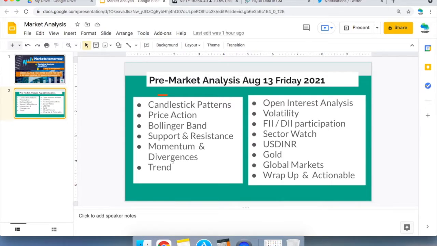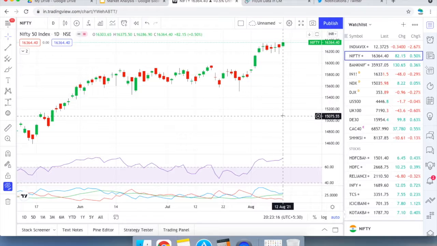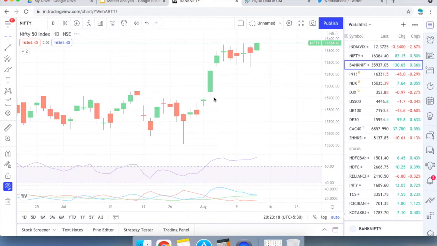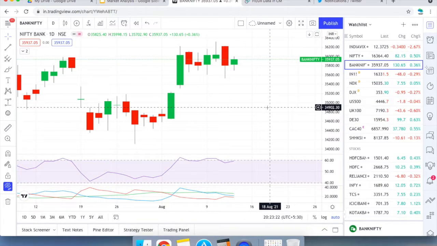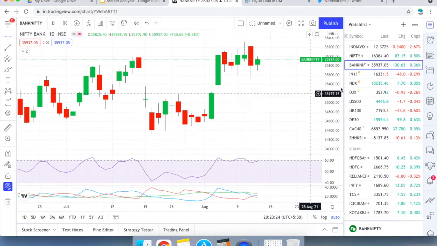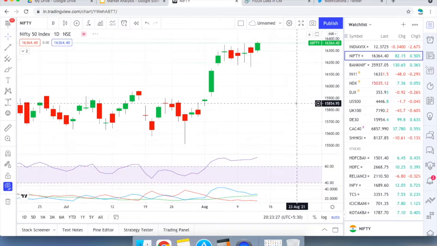So that's about all these parameters that we can see: trend, momentum, support, resistances, Bollinger Bands, and what price action happened, candlestick patterns. You've seen all of them. It's a wide range. Here, this pattern is also a green candle, not a spinning top, but a small body with a large wick, which indicates bullishness. Otherwise, there is nothing specific.